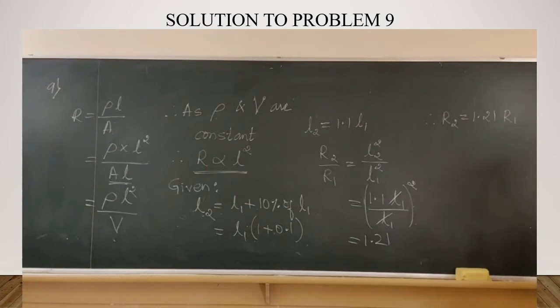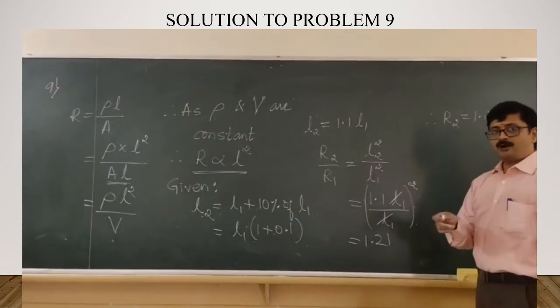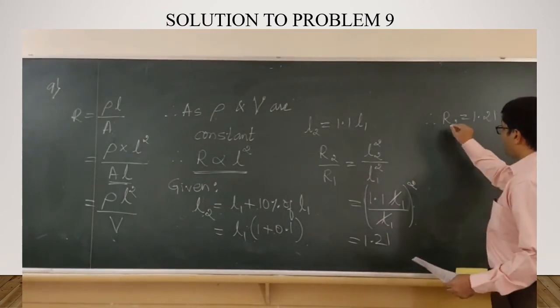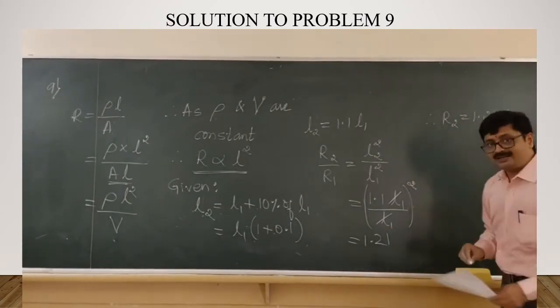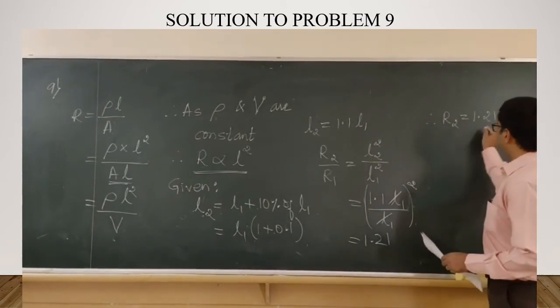Now look, very simple, the problem is over. Now the problem is over. What is that? R2 is equal to 1.21 times of R1. Therefore, what is the percentage increase here? Is it not 21%?